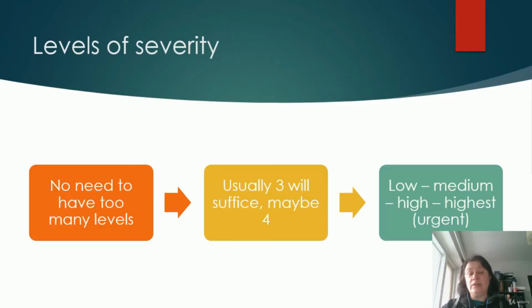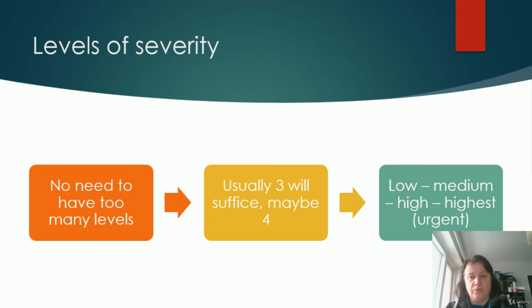So how do we decide levels of severity? When we are building the process for the bug reporting, I would always say, like with everything else, no need to have too many levels, because the more levels you put, there's more room for interpretation, for guessing, and then generally everything kind of goes into the highest category or the lowest category. 3 to 4 levels is enough.